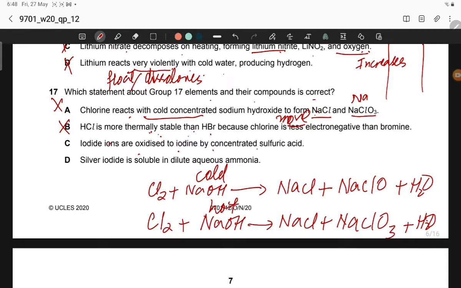Yes, it must be correct because iodide ions are oxidized to iodine by concentrated sulfuric acid. This must be correct because this is the reaction.